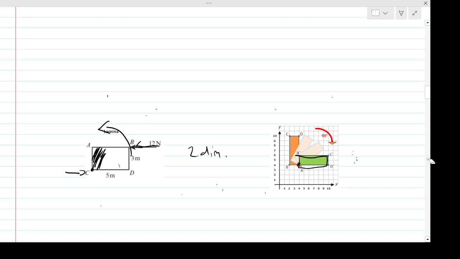It's completely evenly distributed across the shape. That's what we mean by that, and so that doesn't affect how it turns. Because if the shape was lopsided, it would have a tendency to move or turn in a particular way if the mass was heavier at one side of the shape. Okay, so that's lamina.